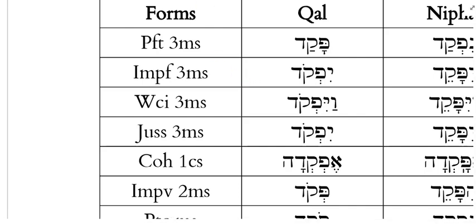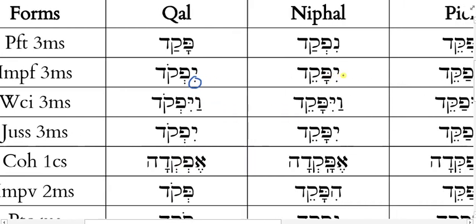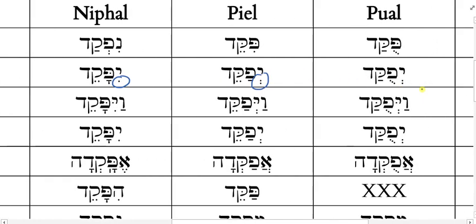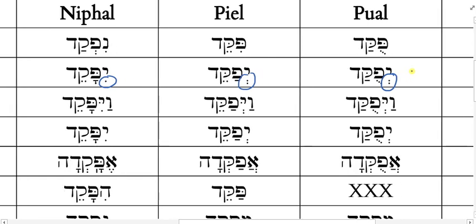So in the kal, what vowel do I have under my prefix? I've got a hireq, right? That's an I-class vowel. In the nifal, what's my prefix vowel point? It's also an I-class hireq. Piel, what kind of shva is that? Vocal. Pual, it's a vocal shva as well.